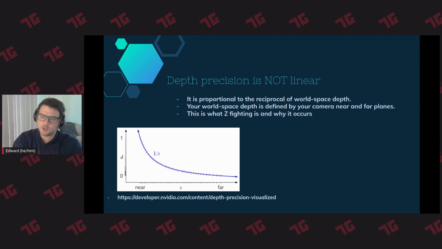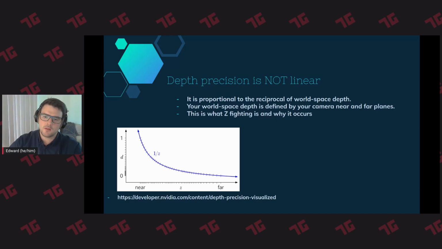It's not infinitely subdividable. So eventually you'll end up with either 'I think we are at the same value,' or 'I think I'm a little bit less,' or 'I think I'm a little bit more.' And when I do that depth test, you'll start slamming on either side of it. So one frame it might appear in front, one frame it might appear behind.